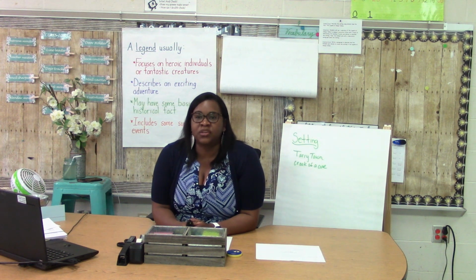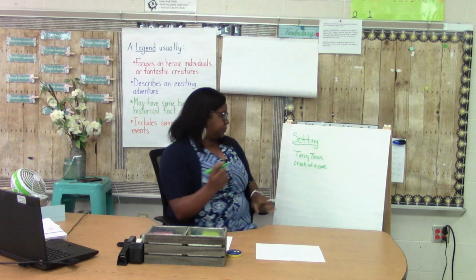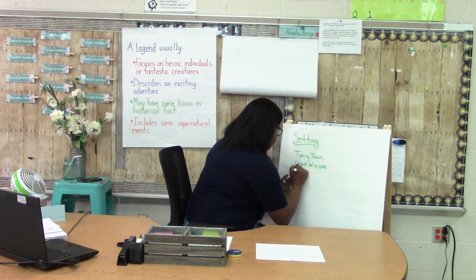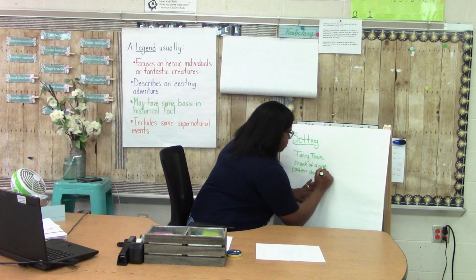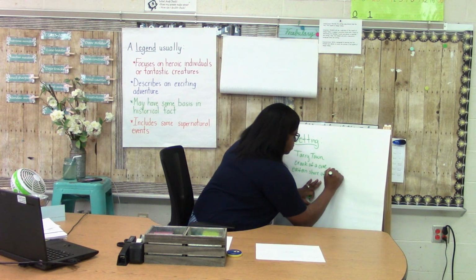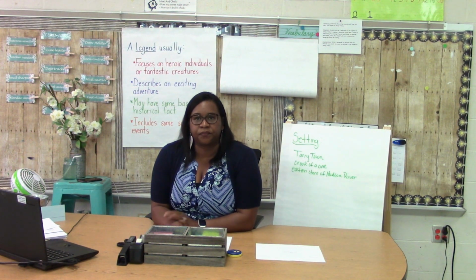I think we can also add eastern shore of Hudson River. So go ahead and write that on your chart as I write it. This would mean it's along the water's edge of a river.